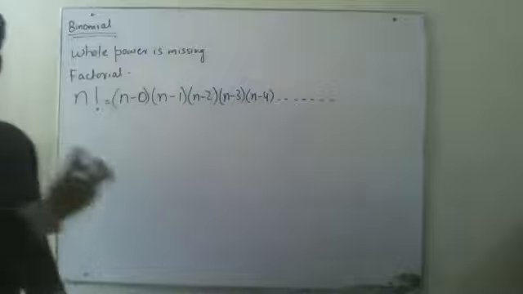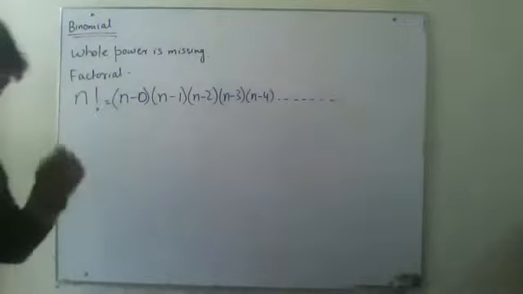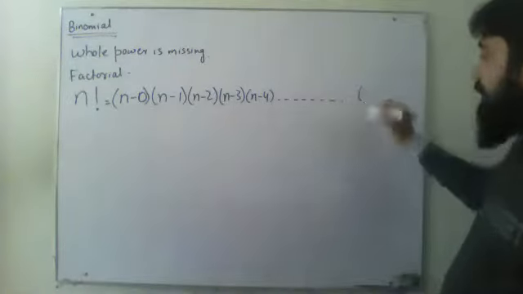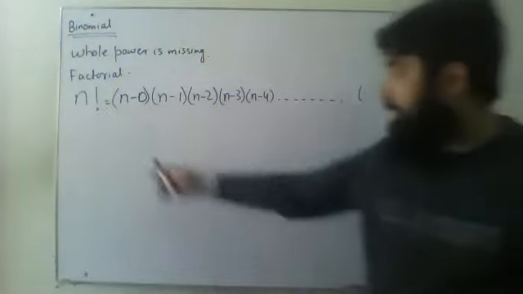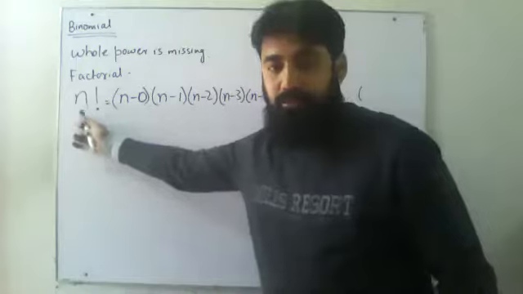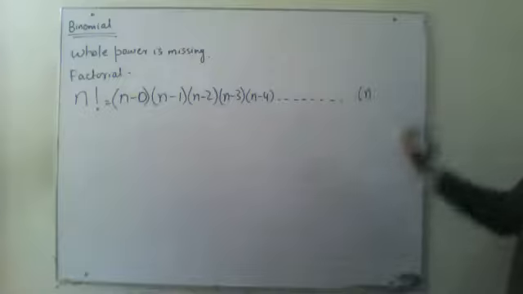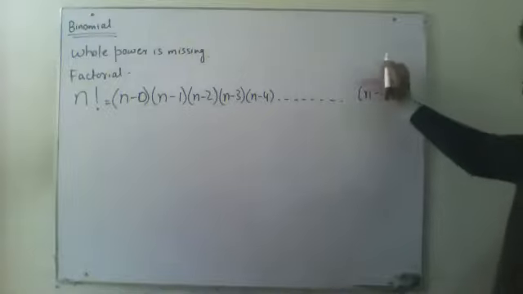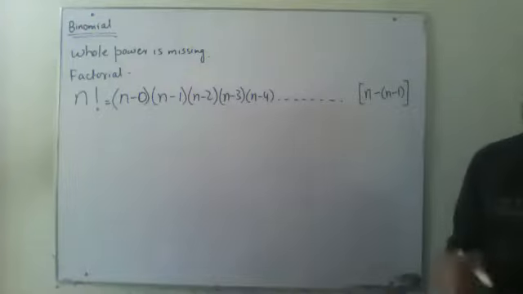The way we were doing 7 factorial or 5 factorial, the same way I'm going to do this one. Now, what about the last one? What I have told you is that the last one is always one number less than this value. So how will I write it? n minus 1. That will be your last value in the factorial to get your answer.